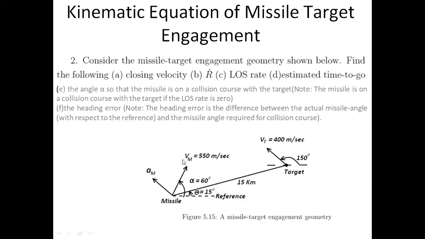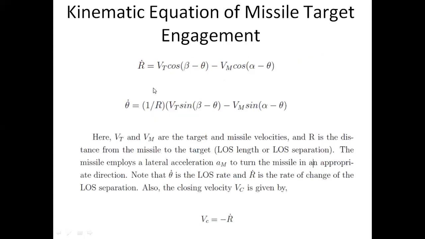Here Vm is 550 meters per second, cos of alpha, which is 60, minus 15, minus Vt, which is 400 meters per second, with beta 150 minus 15. That will give you the closing velocity. The negative of closing velocity gives R dot, or you can simply put the values in equation 1 to get R dot.